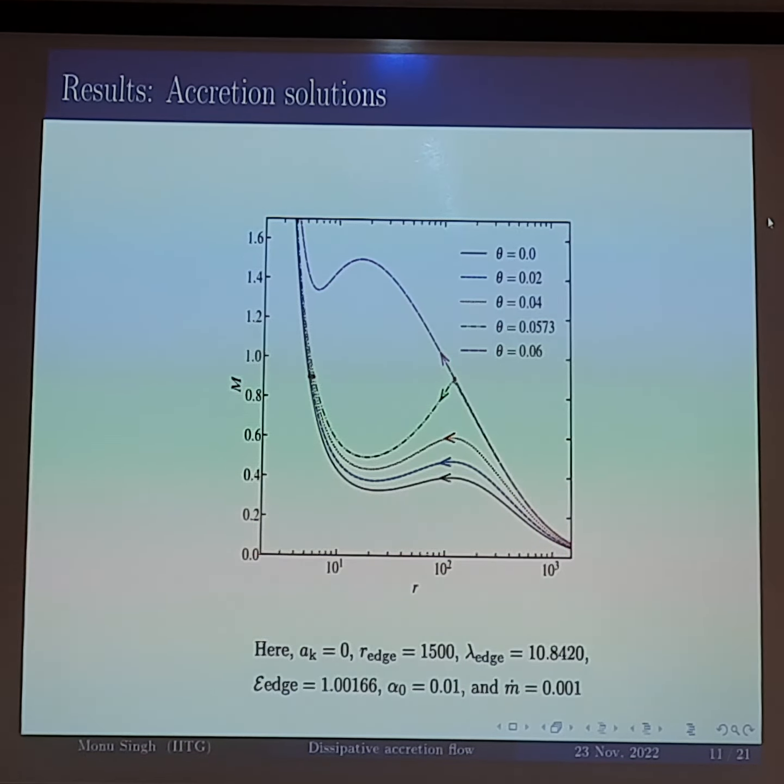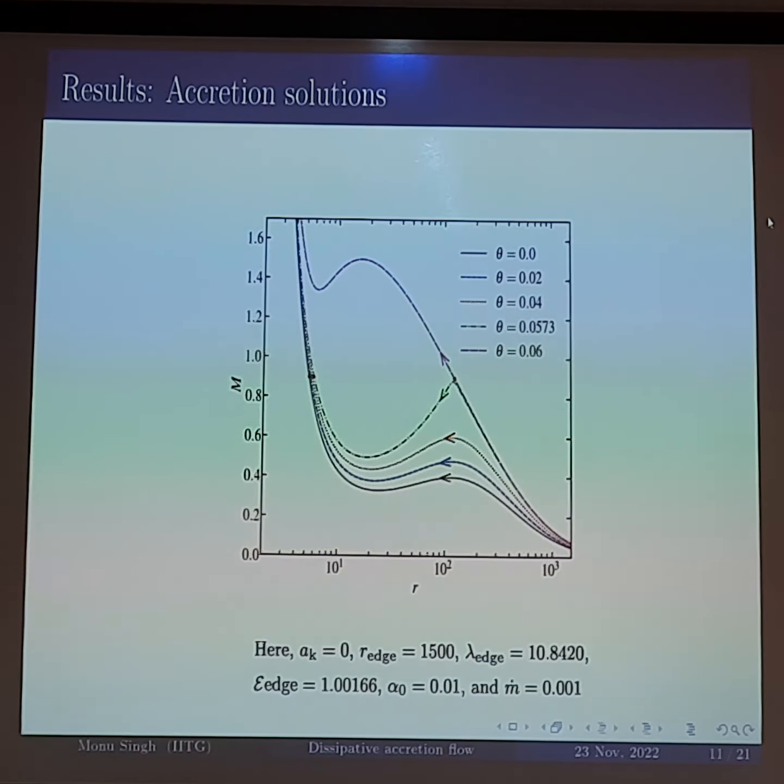Interestingly, you see here the flow was passing through the inner critical point initially, but if you keep increasing this parameter, the viscosity, then the flow passes through another critical point which resides very far away from the horizon, somewhere here. The horizon is somewhere here.